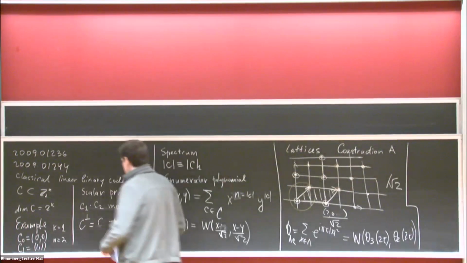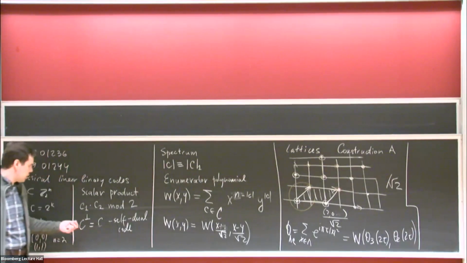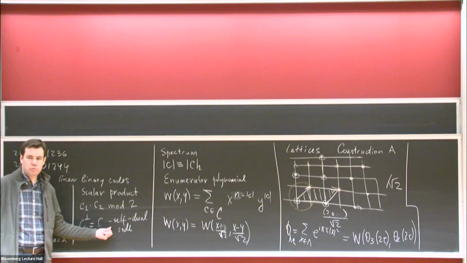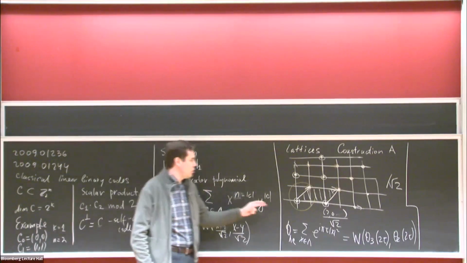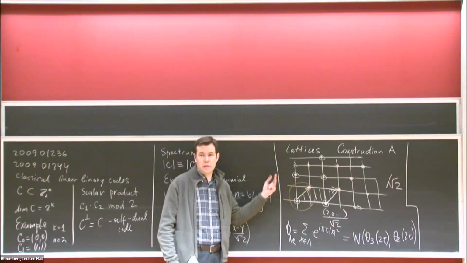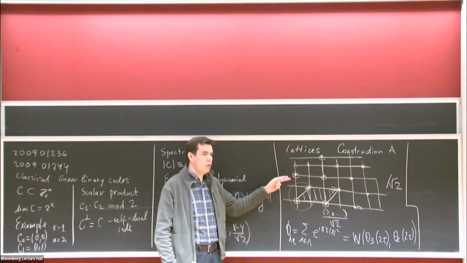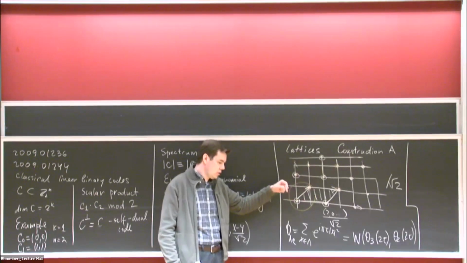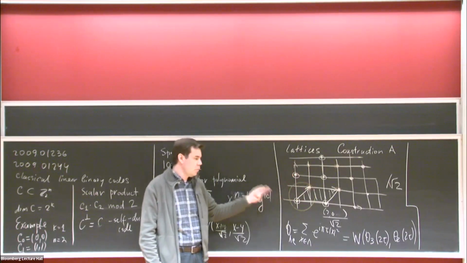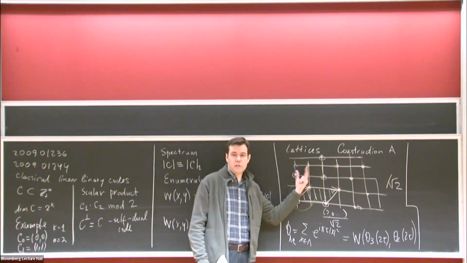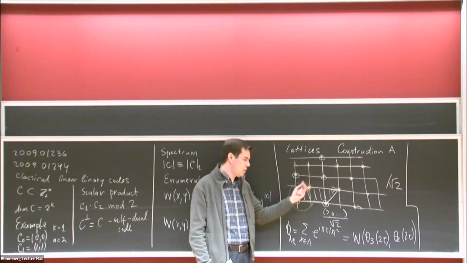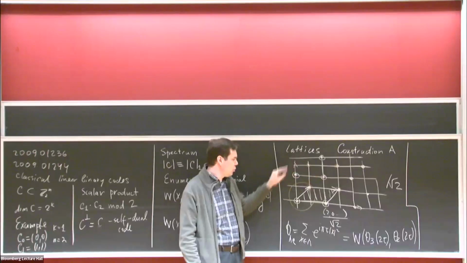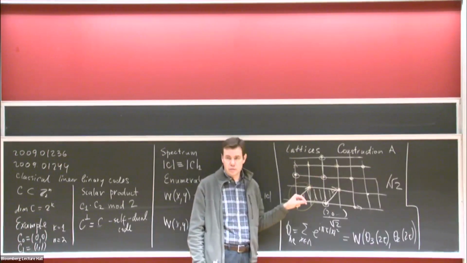The crucial thing here is the following. If I start with a self-dual code, which is defined here, and I build the lattice this way, the resulting lattice will be self-dual as a lattice, which means that for all points the scalar product will be an integer number, and moreover, the dual lattice will coincide with this lattice, which means that all vectors which have integer scalar product with these also belong to the lattice.